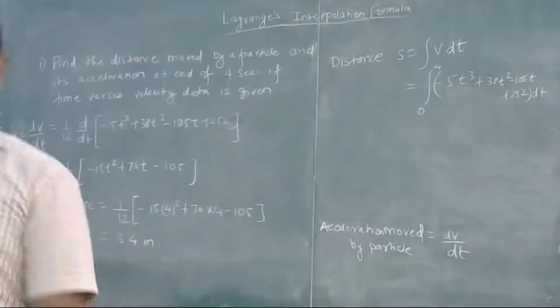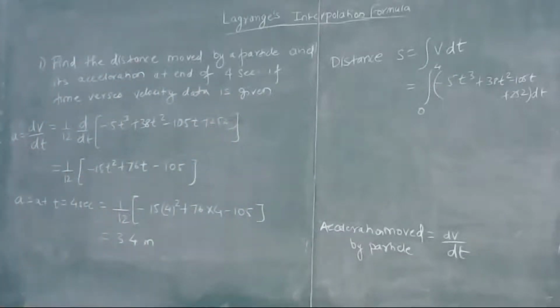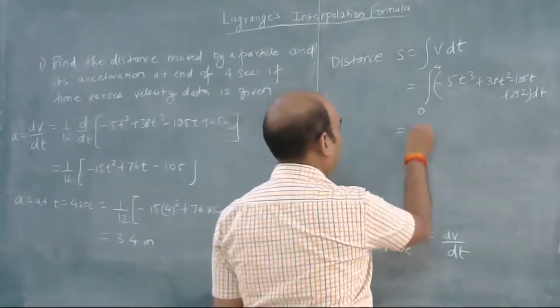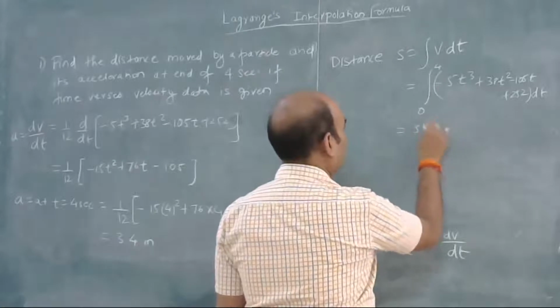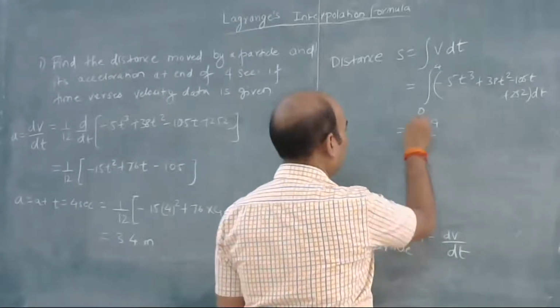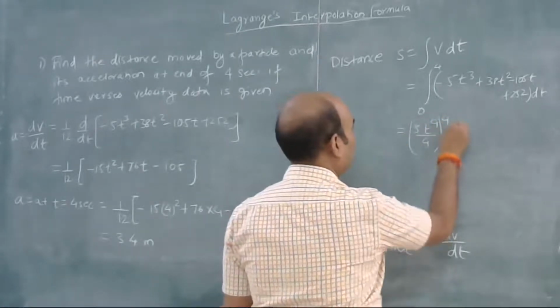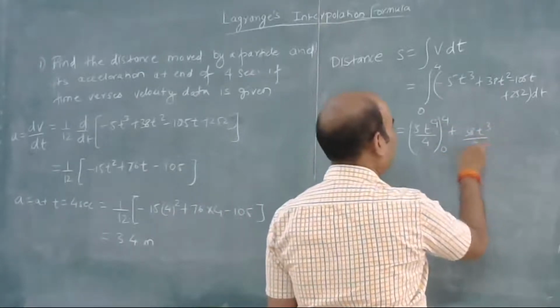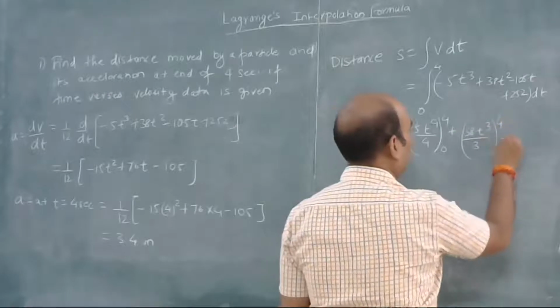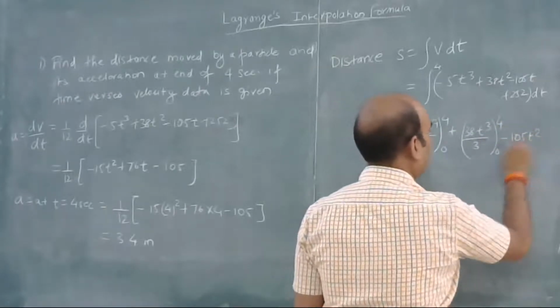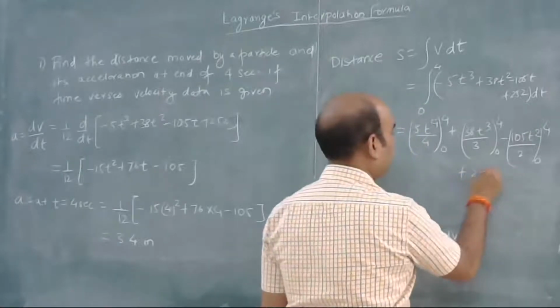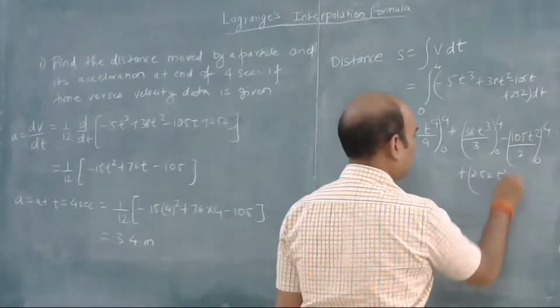You have to find the acceleration and distance moved at 4 seconds. So this will be equal to minus 5 t to the power 4 divided by 4 from 0 to 4 plus 38 t cube by 3 from 0 to 4 minus 105 t square by 2 from 0 to 4 plus 252 t from 0 to 4.